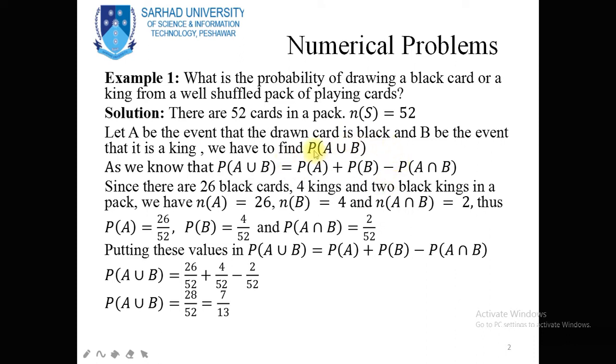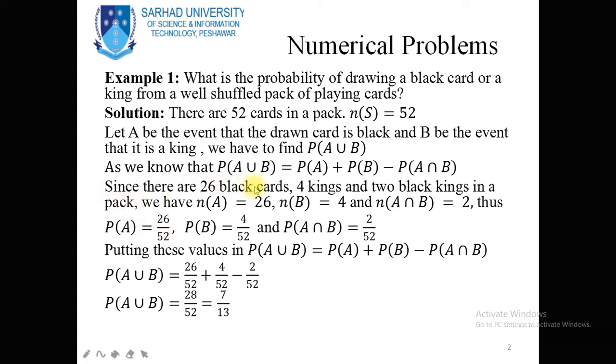Since these two events A and B are non-mutually exclusive events, the probability of A union B will be equal to probability of A plus probability of B minus probability of A intersection B. There are 26 black cards, so the probability of A will be 26 by 52.